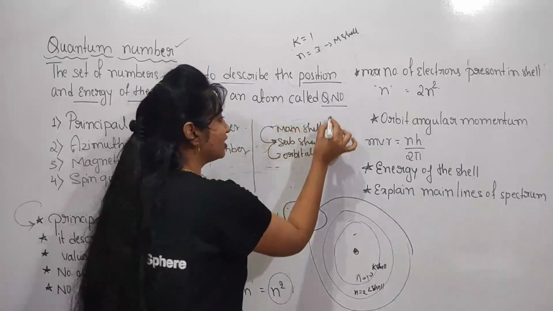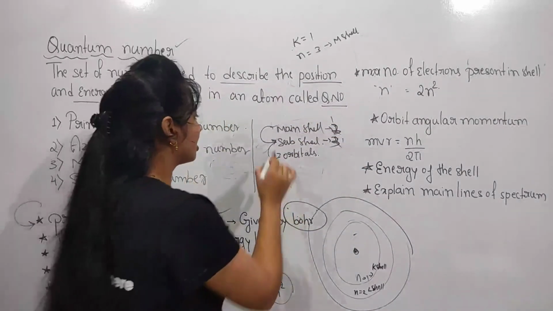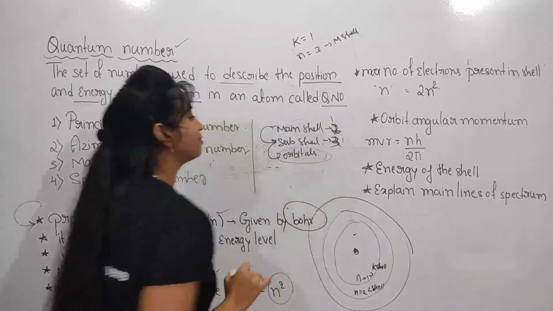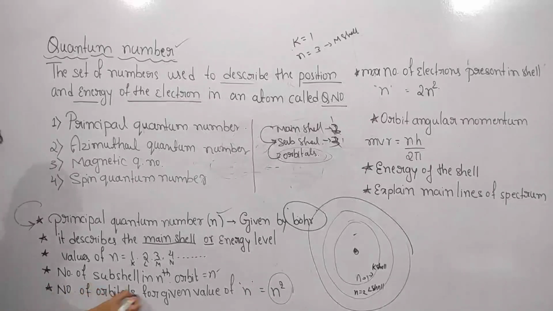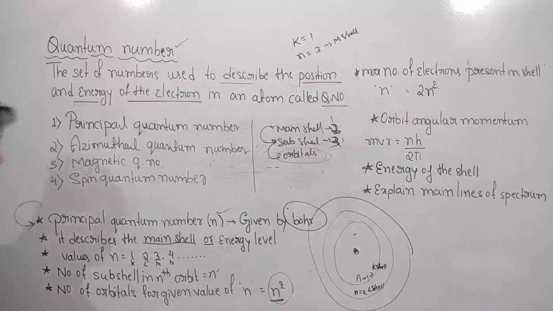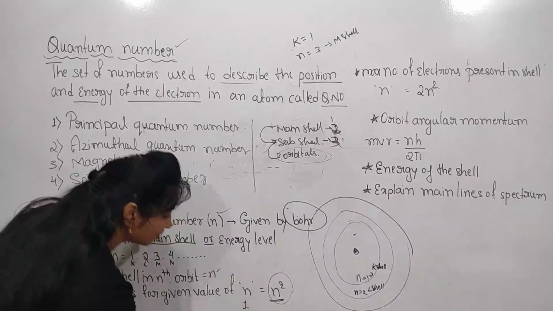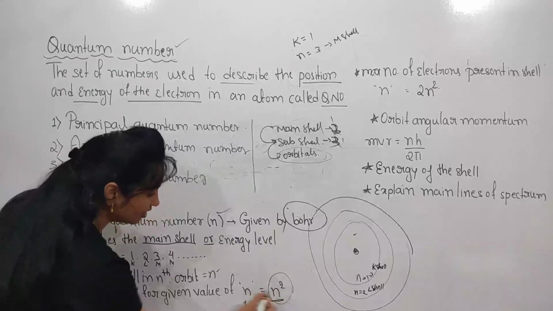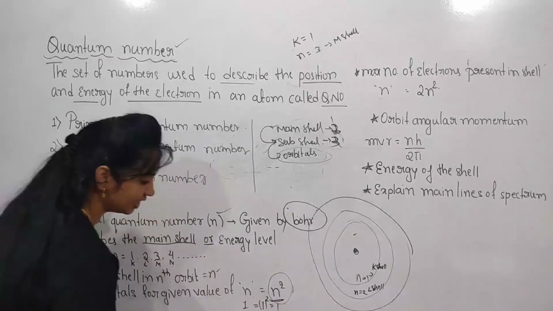The main shell value is 1, the subshell value is 1. Next, how many orbitals are present in this subshell? The number of orbitals for a given value of n is equal to n square. Meaning if the main shell value is 1, our orbitals value is also 1. 1 square means 1 only.